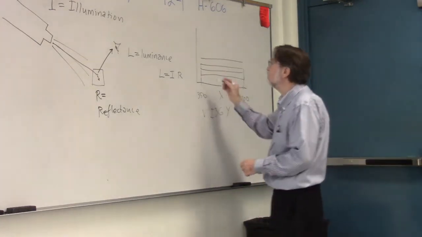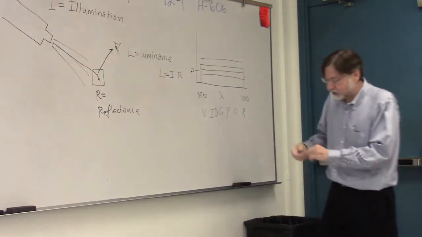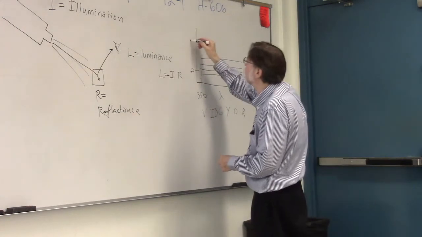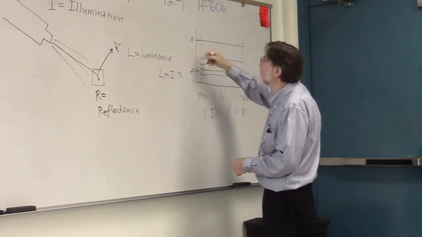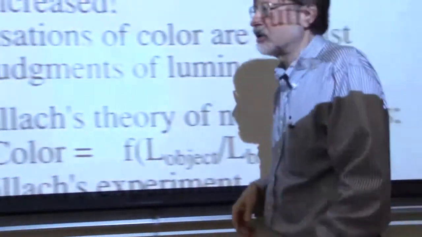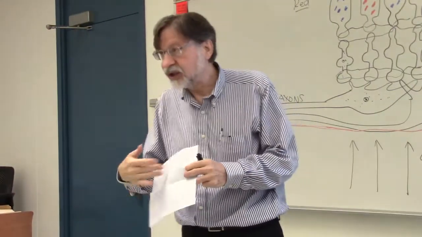So 0.2 would be something that under normal conditions you'd describe as black. And something that's 0.8, that's 80%, would be like a sheet of paper. So the blackboard here is up close to 80%. A sheet of paper like this is reflecting maybe 80% of the light that's shining on it.